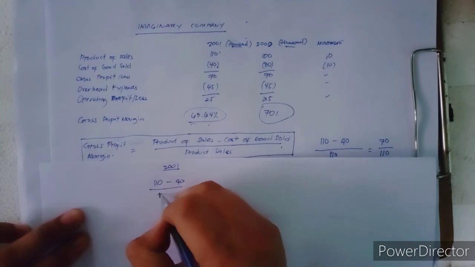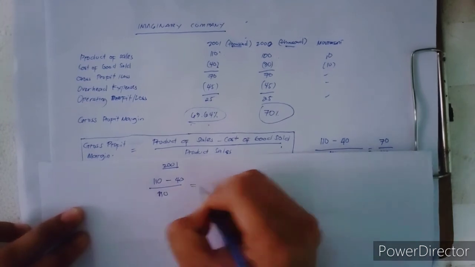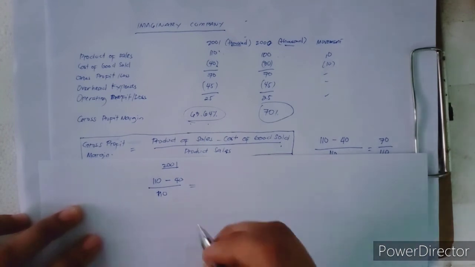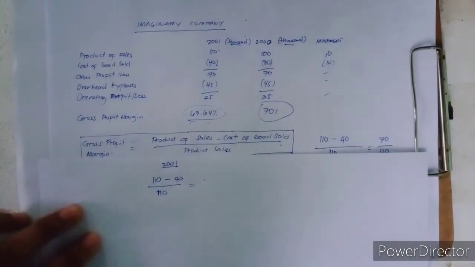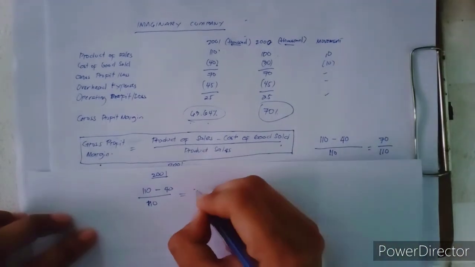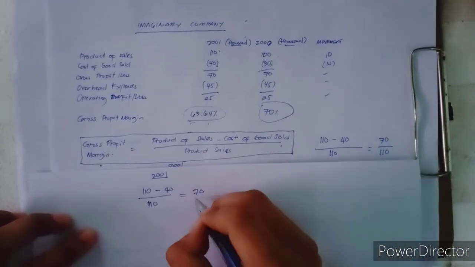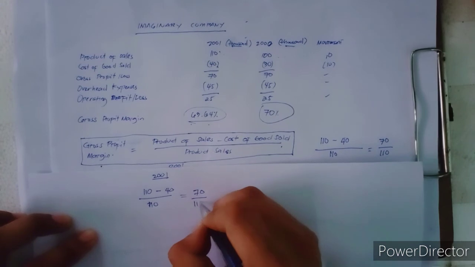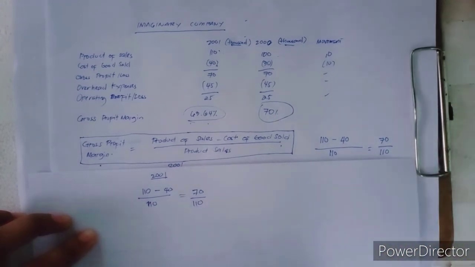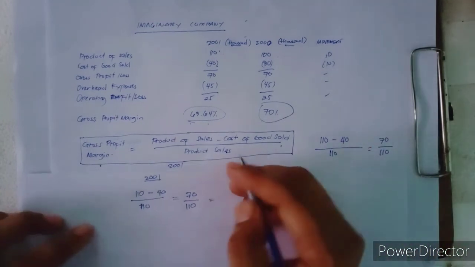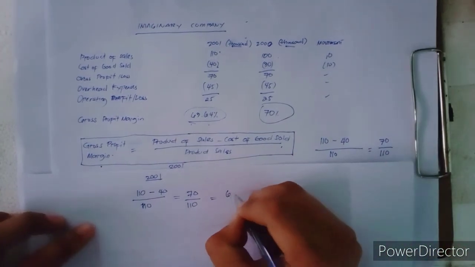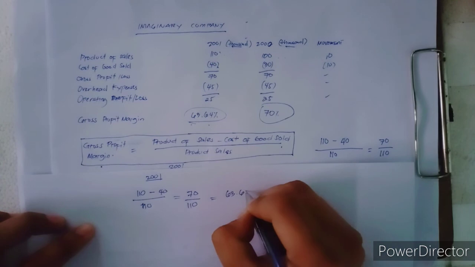So 110 minus 40 is equal to 70,000, divided by 110. So 70 divided by 110 is equivalent to 63.64%.